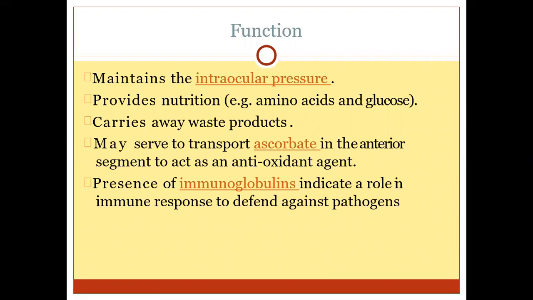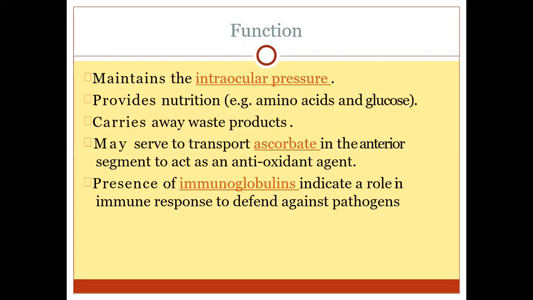Coming to the functions of the aqueous humor, it maintains the intraocular pressure, commonly known as eye pressure, which is very, very important. We'll come to that later. It provides nutrition, as already discussed. Basically, amino acids and glucose from the aqueous humor.